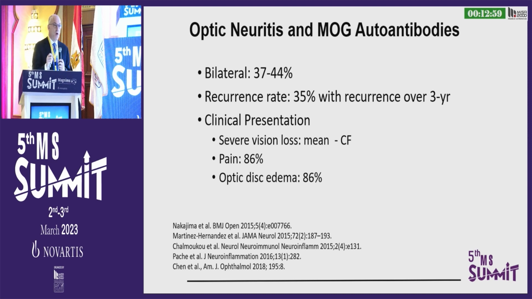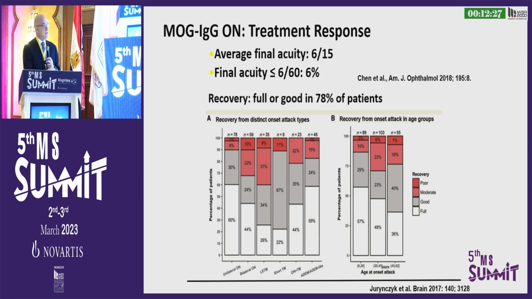Clinical clues for MOGAD optic neuritis include bilateral onset and a high recurrence rate, anywhere from 35 to upwards of 50% in some studies over 3 years. Vision loss is severe, like with NMOSD optic neuritis, and pain is often prominent, with a high tip-off on fundoscopic examination being optic disc edema, which happens in almost 85% of patients, and compare that to 30% with MS optic neuritis.